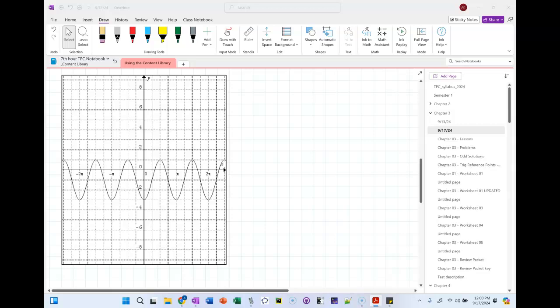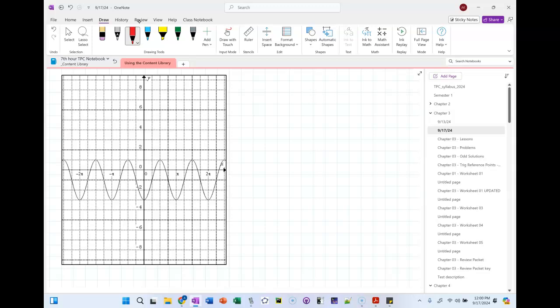Should we do another one of these examples? All right. So, start with the midline. Who can tell me the midline? -1. What does that midline tell me? Good.